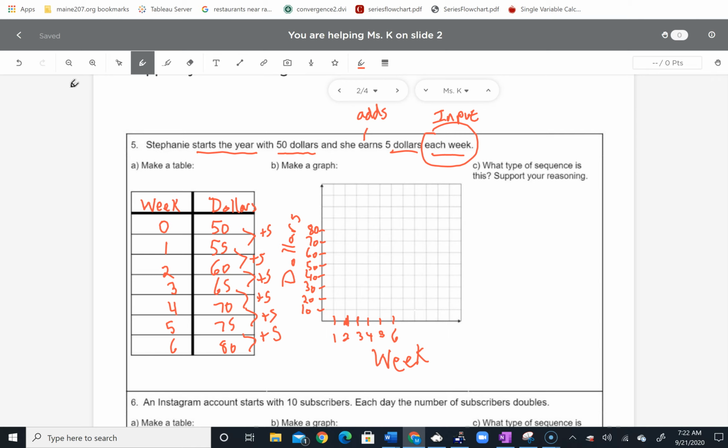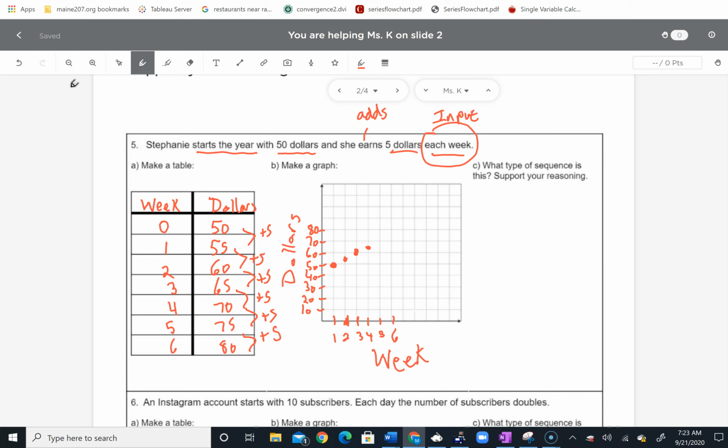But we'll say 1, 50, I'm going to put a nice clear dot. 2, 55, that's right in the middle right there. 3, 60, that's right here. 4, 65, well, that's right there in the middle between 60 and 65. 5, we've got 75. Or 4, it should be at 70, pardon me.